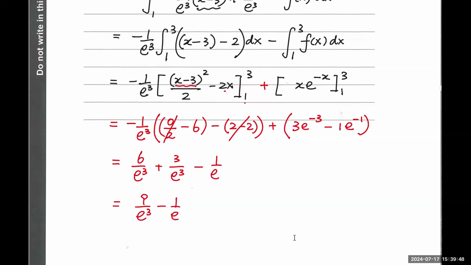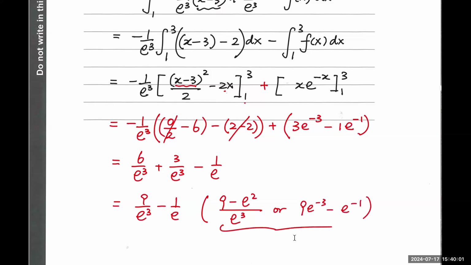Other equivalent forms may include things like (9 minus e squared) divided by e to the power 3, or let's say 9e negative 3 minus e negative 1, etc. But just be careful if you are trying to convert your answer in other equivalent form. Say if you made any further mistake, you won't be able to receive the correct answer mark, etc.